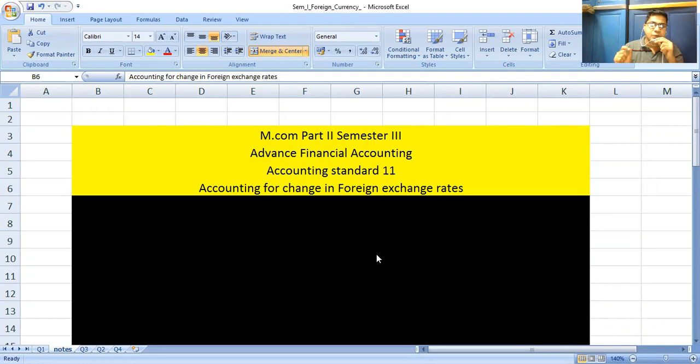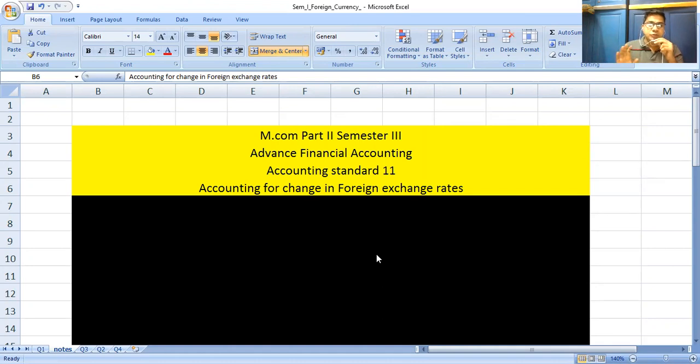It means our rupee's value is less than the dollar's value. For $1, we have to pay 74 rupees. It means our rupee's value is not a good value. It is very low as compared to the dollar's value.